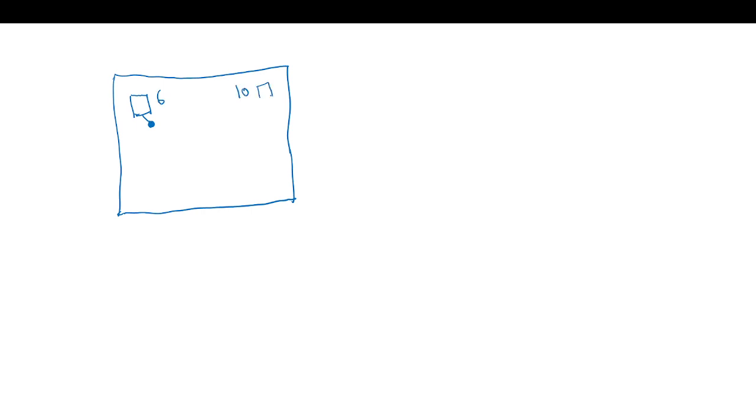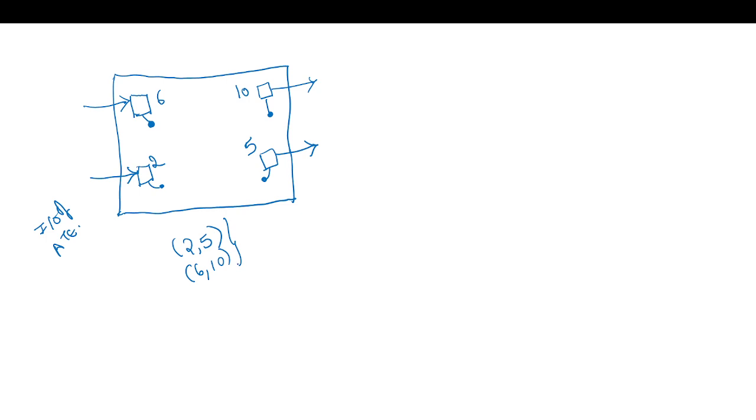Say here we have a core 10 and a router. Say here we have another core 2. Say another core and router 5. So from here we have an output, and from here an input. So now we can say that 2, 5 is the input output pair, and say here also we have one input and one output. So 6, 10 is another input output pair.